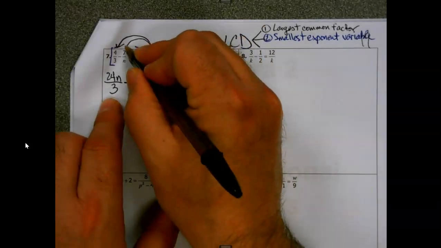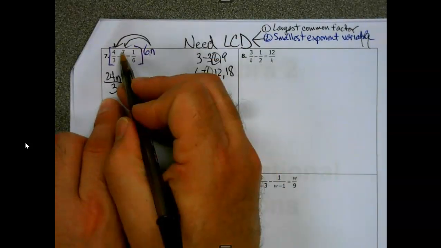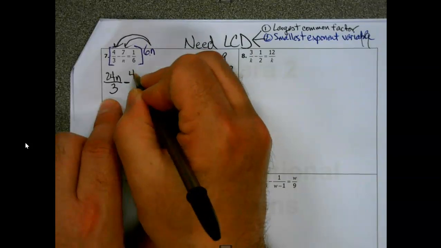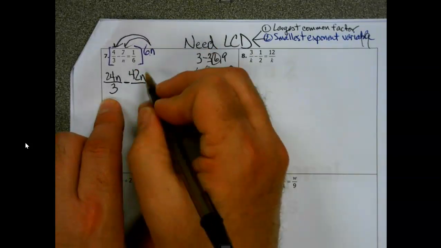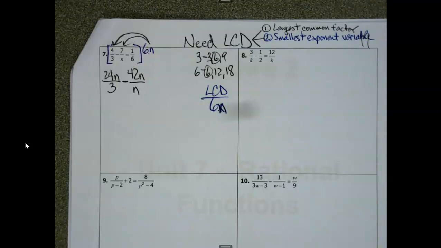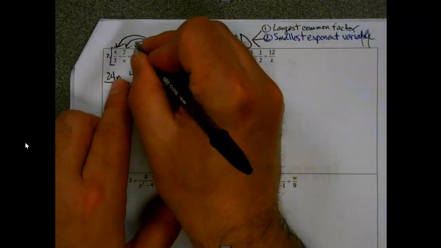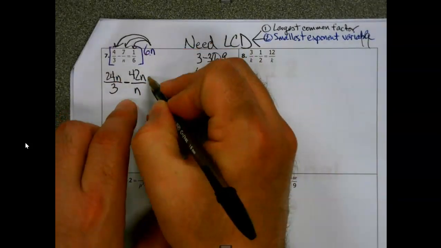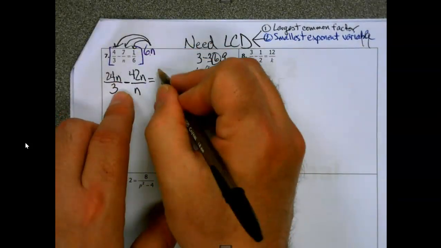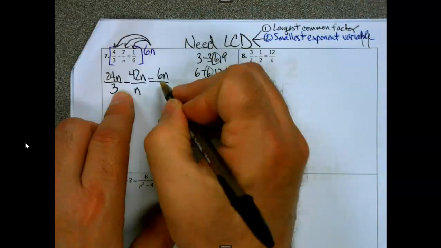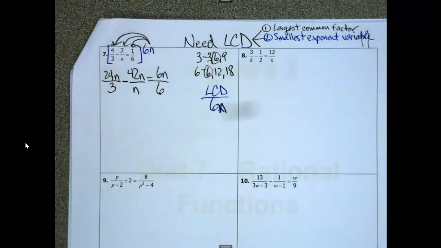And we distribute here. 7 times 6n is 42n. You leave the denominator alone. Haven't done anything with it yet. And then finally, 1 times 6n is 6n over 6.